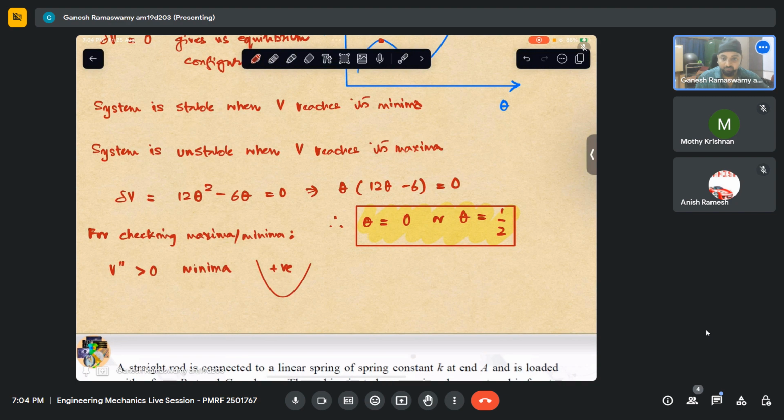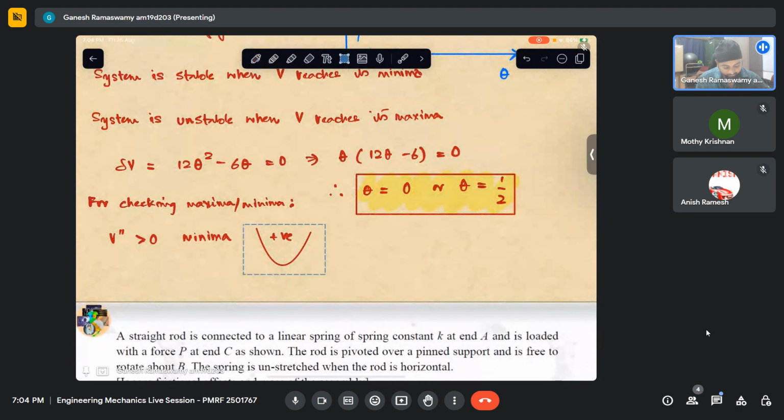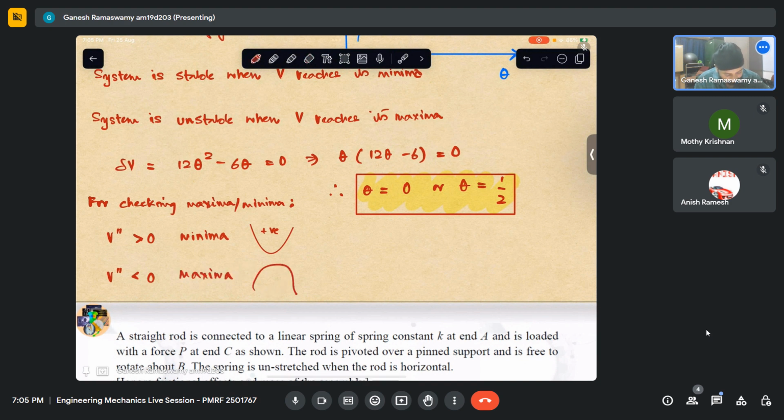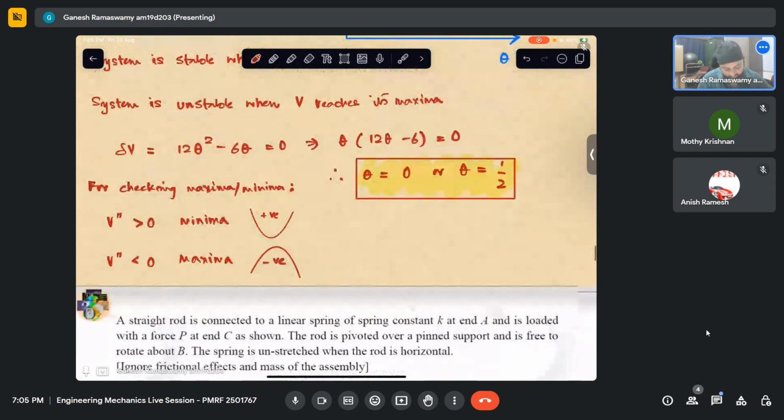This we know from basic maths. Similarly, if V double dash is less than 0, it implies it's a maxima, because the curvature will be like that. This will be negative.